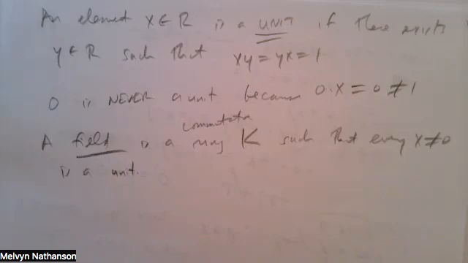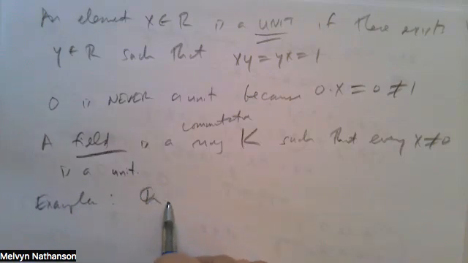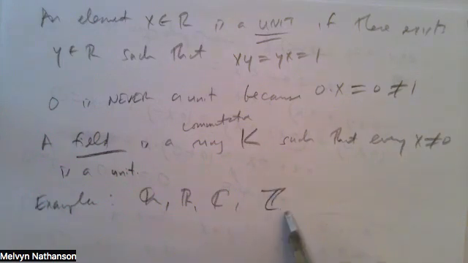The usual examples of fields are the rational numbers, the real numbers, the complex numbers, and the ring of congruence classes mod p for any prime p.